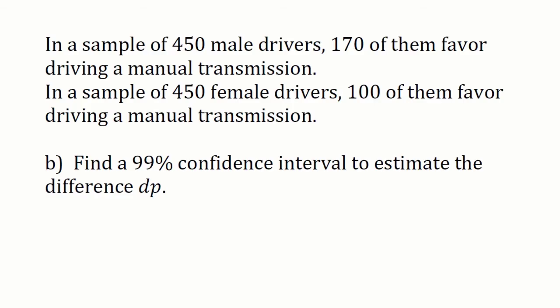And now we are brought to question B of our current problem. Right out from the same exact description of the two samples we've been working with throughout the lecture so far, this particular question asks us to find a 99% confidence interval to estimate the difference d p.